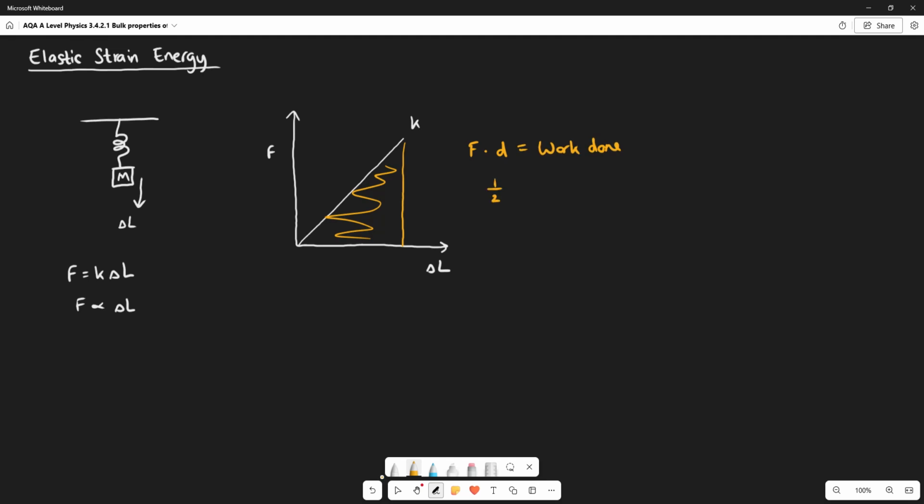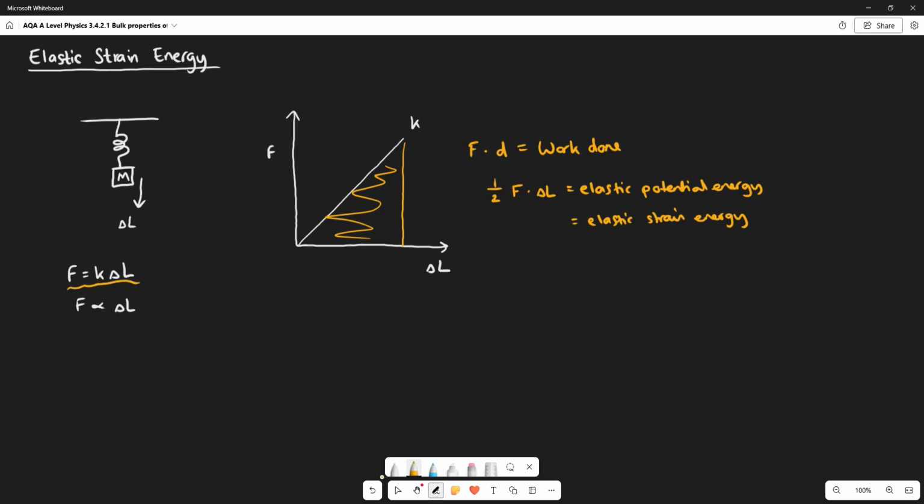This would be half the base times the height, or this, which gives us the amount of energy stored in the spring. We would usually call this elastic potential energy. We can also call it elastic strain energy. These are the same.